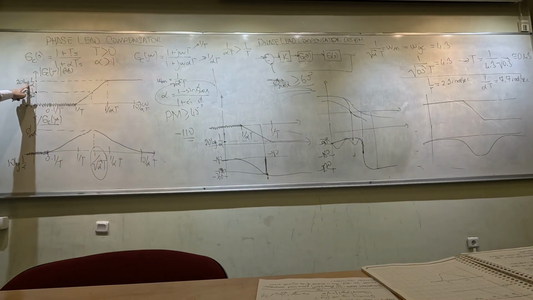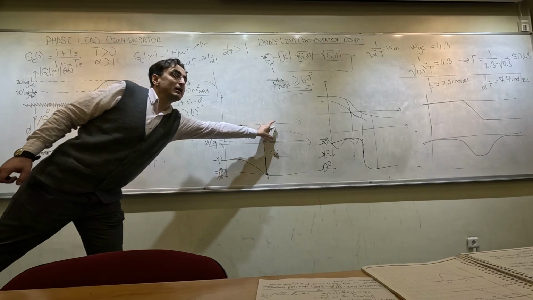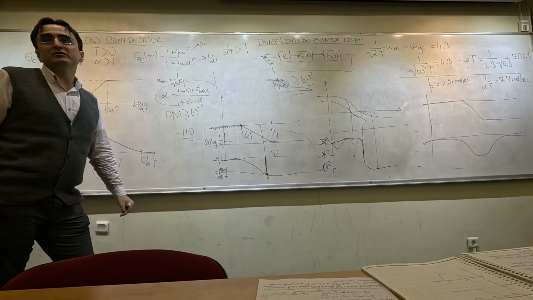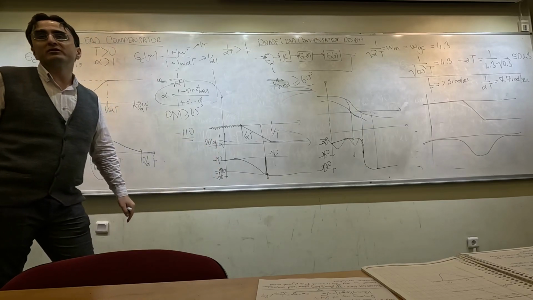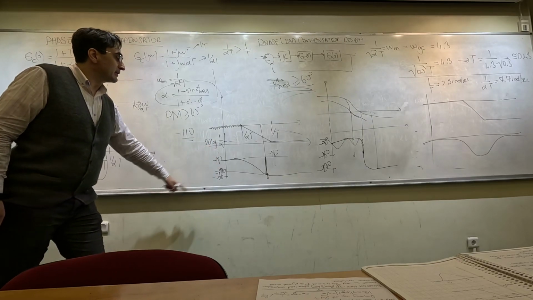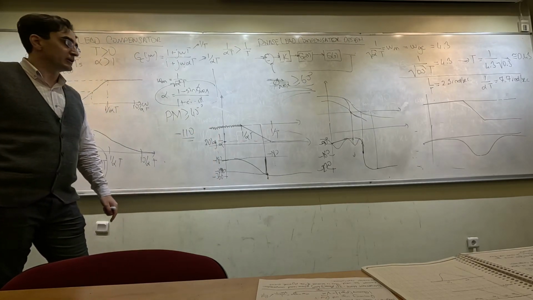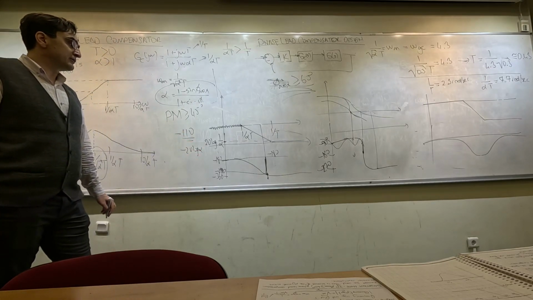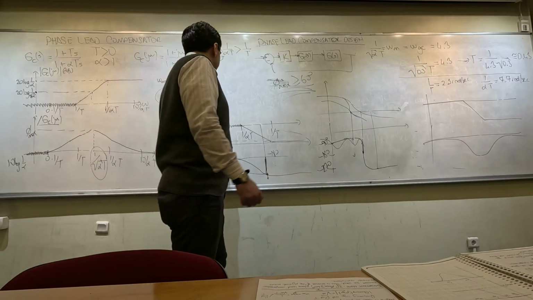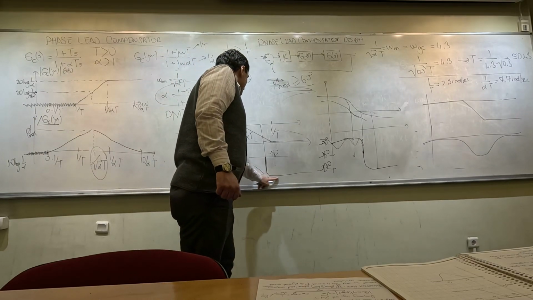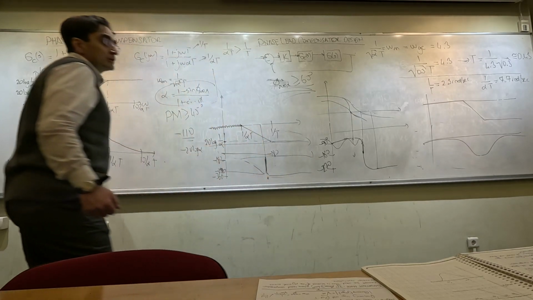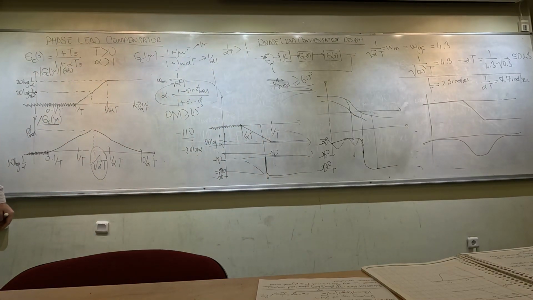This formula is going to remain the same. I have the same magnitude, but this time this is smaller than 0 because 1 over alpha is smaller than 1, meaning that I have this magnitude here. Or you can say minus 20 log alpha. That is the same thing. And if I draw the phase, I see that the phase is going to be just the reverse of this thing.